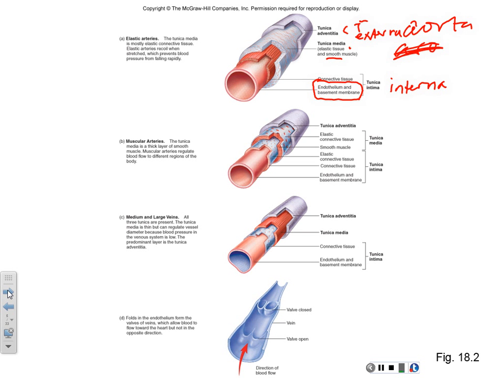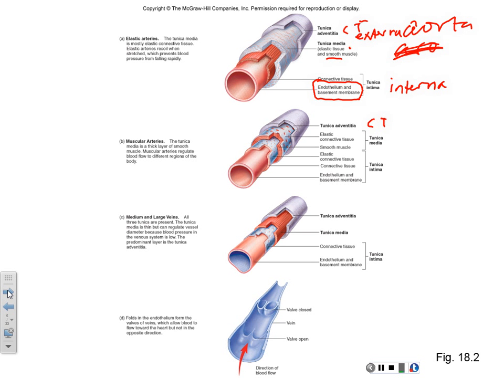So just know the differences between this middle layer with the arteries as we go down. This is just the endothelium and the basement membrane, with a little bit of connective tissue to hold it together. When we move here, we still have connective tissue in the tunica externa or tunica adventitia, but less elastic tissue and a little bit more smooth muscle.